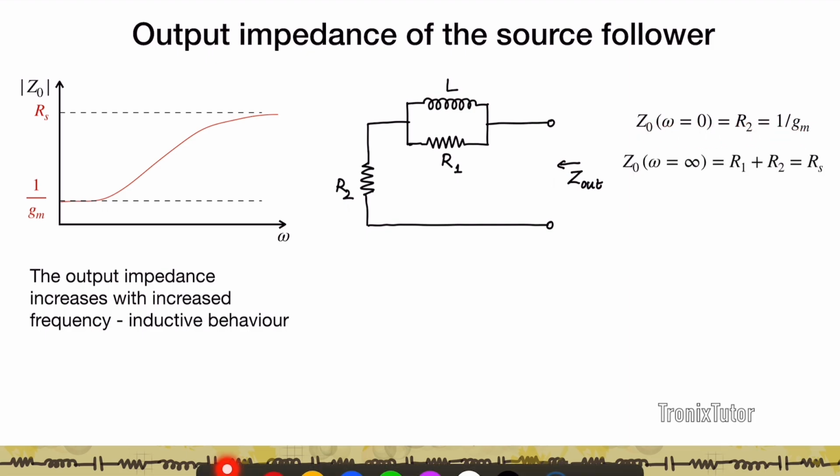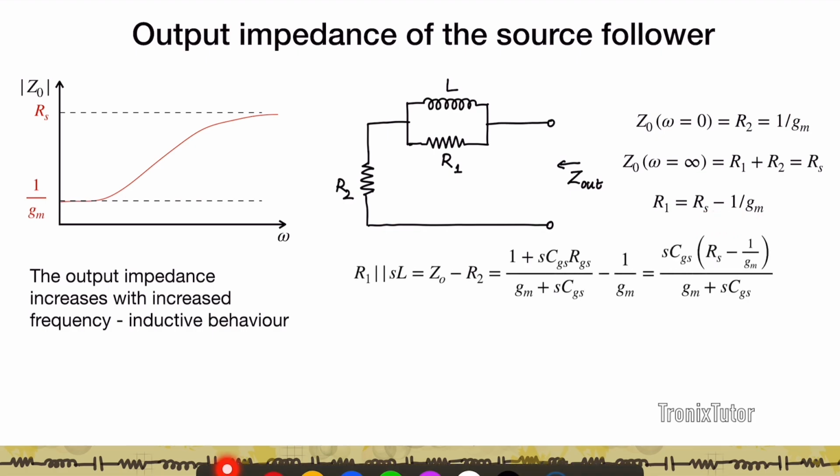When it's at infinity, my inductor gets open circuited, so I have R1 plus R2, and that is RS, which gives me R1 as RS minus 1/gm, right? Now if I want to calculate the effective impedance, all I do is I say R1 parallel sL should be Z0 minus R2, right? Because R2 plus R1 parallel sL is the effective impedance.